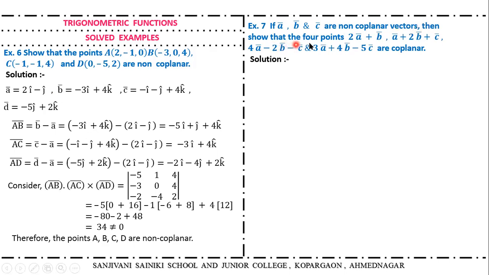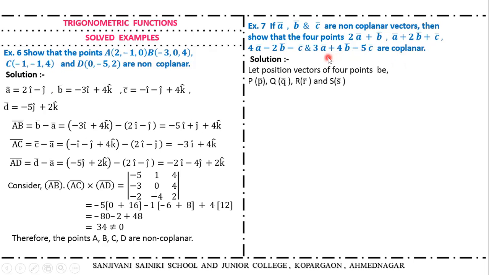The 7th example: A bar, B bar, C bar are non-coplanar vectors. Then we have to show that the 4 points 2A bar plus B bar, A bar plus 2B bar plus C bar, 4A bar minus 2B bar minus C bar, and 3A bar plus 4B bar minus 5C bar are coplanar.